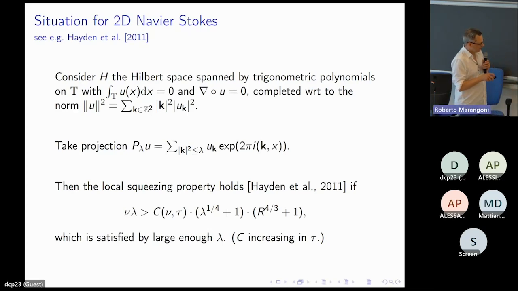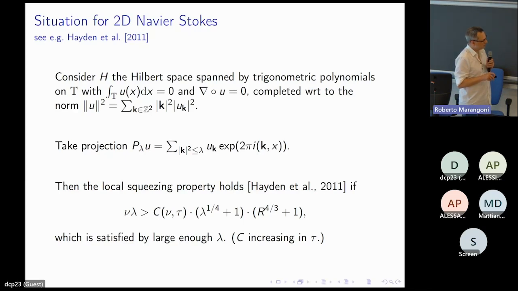It holds if this relation here is satisfied. What you see here on the right hand, lambda is the wave number. So this is the highest wave number, or the smallest scales you observe. Then I have a function here of the viscosity and the time interval between the observations. And on the right-hand side, I have again the wave number appearing.